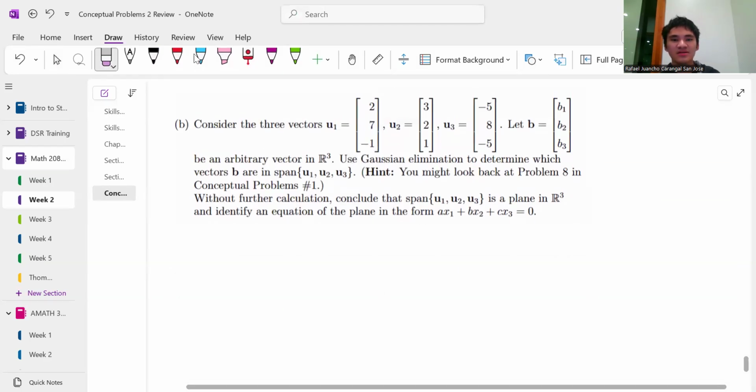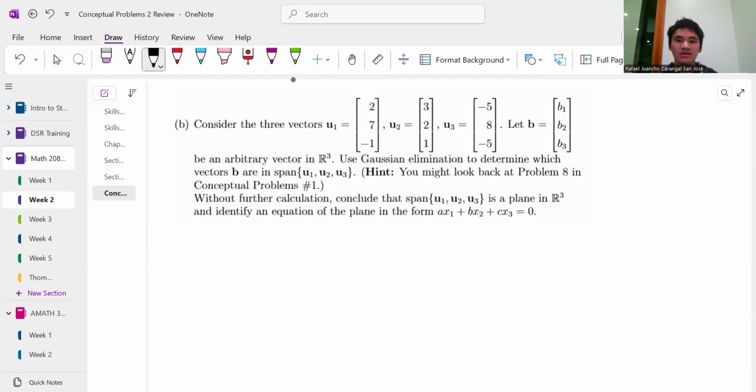So here we have three vectors, actually four, but B is an arbitrary vector in this case. So we want to use Gaussian elimination to determine which vectors B are in the span of these three.